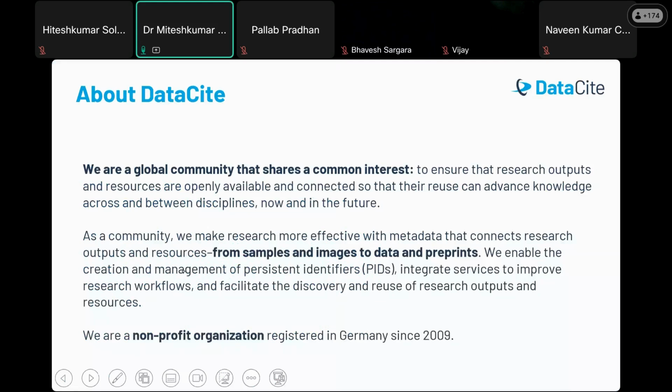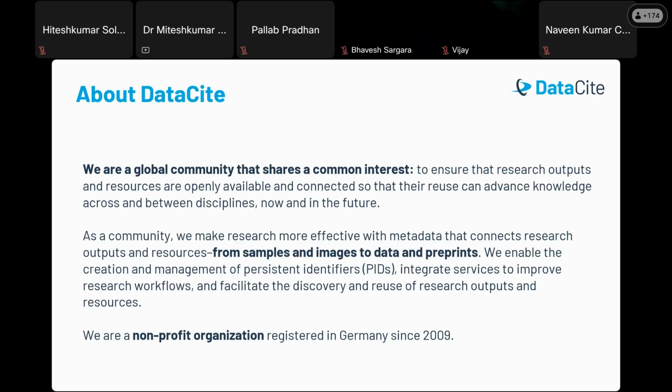What is DataCite? DataCite is basically a global community that shares a common interest: that research outputs generated from public funds should be available in the open domain, without any restrictions. DataCite is one of the advocates for making open science popular among the scientific community.